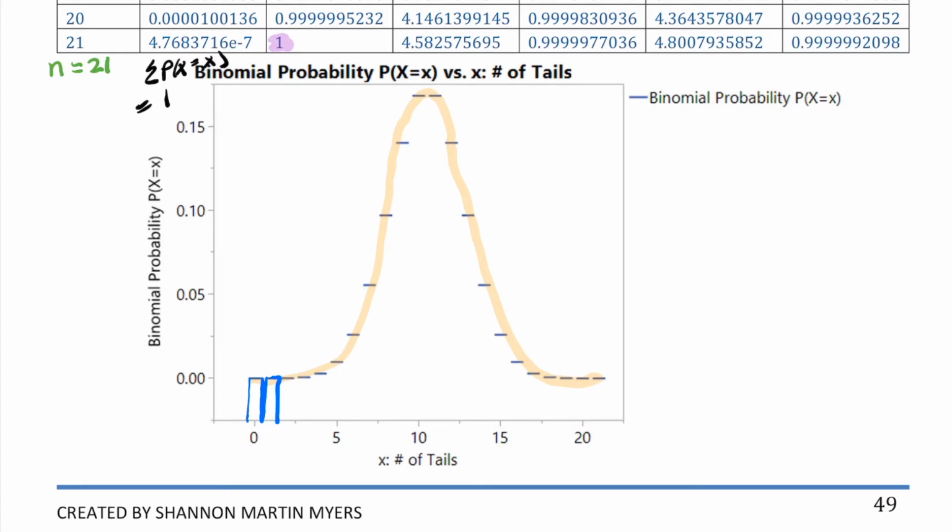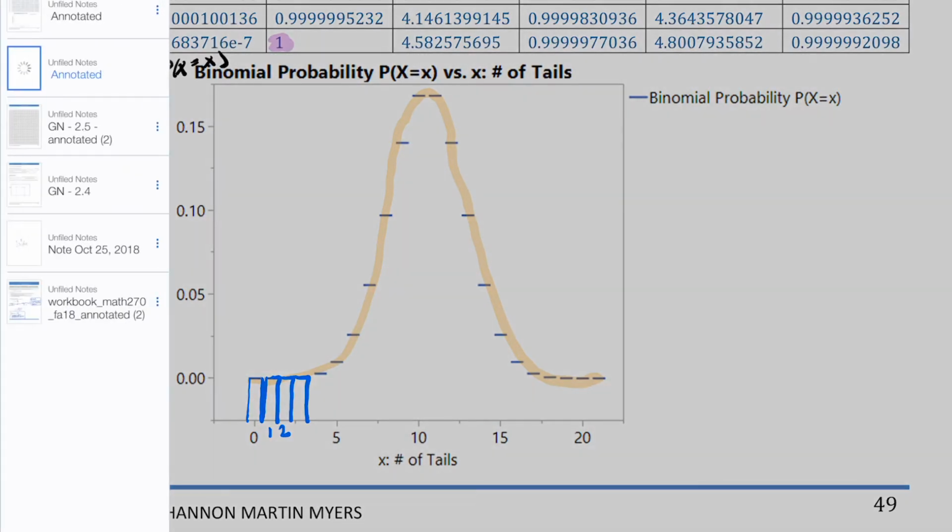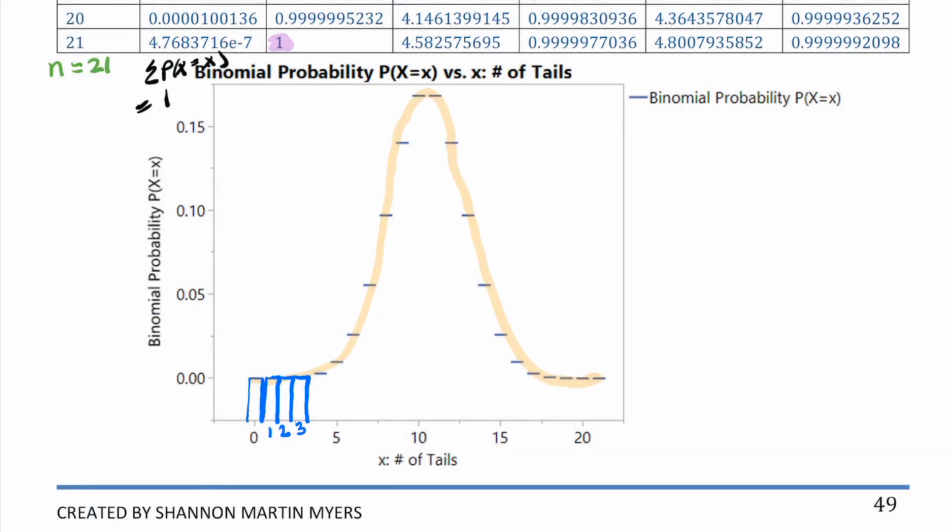But what are they landing on? They're landing where the middle of that bar is your number of tosses, of successes, right? Do you see what's going on here?